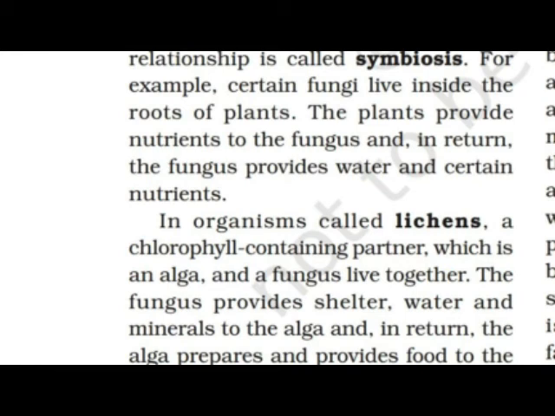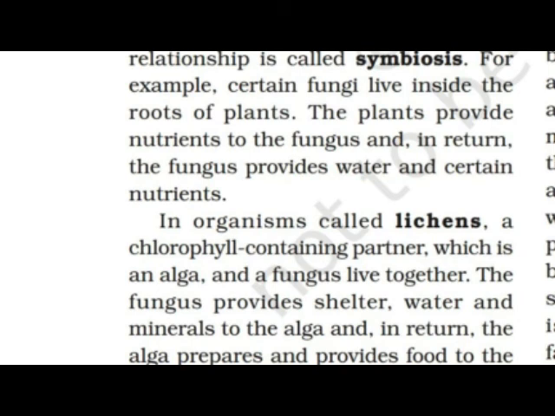This association is very important for the tree. It means the fungus helps the tree, the tree helps the fungus, and they both survive. This is an example of symbiotic relationship. We are going to study a detailed example that you can write for the exam.